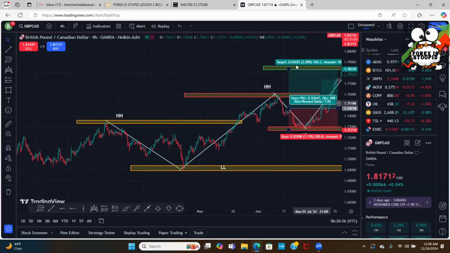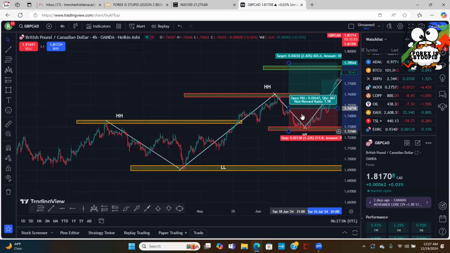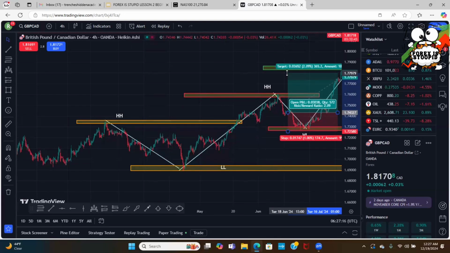Let's see if I get a 2-to-1 when it goes that far. So I stop loss a little bit below that. We would enter back on that pullback, do a 2-to-1.